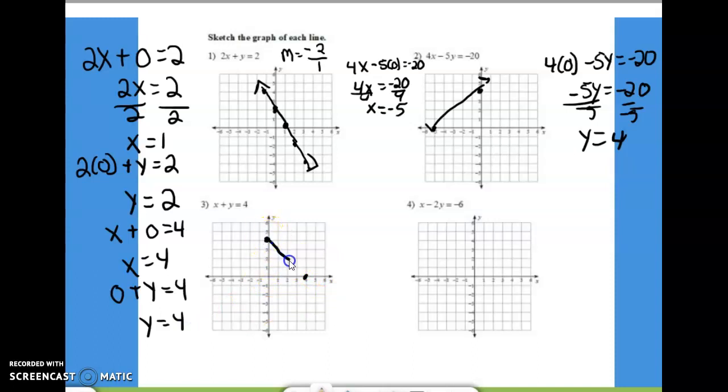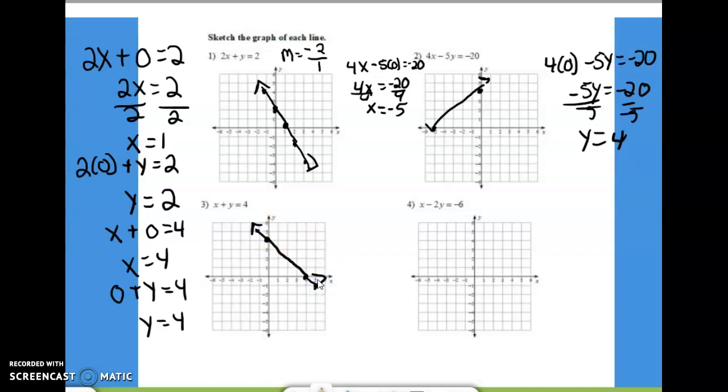There are my 2 points. I have a negative slope. If you wanted to find the slope, it's down 4, over 4. So 4 over 4 is actually what? 1 over 1. So down 1 over 1 if I wanted to make it a little bigger, and then I could go backwards here. Okay.